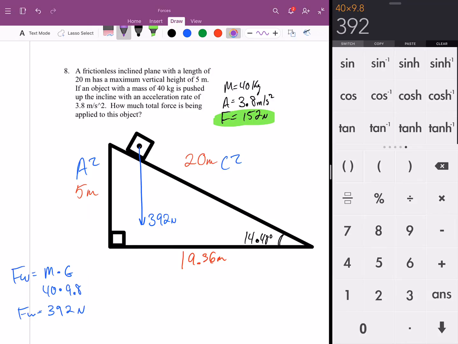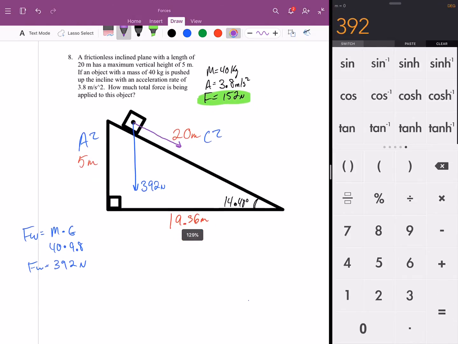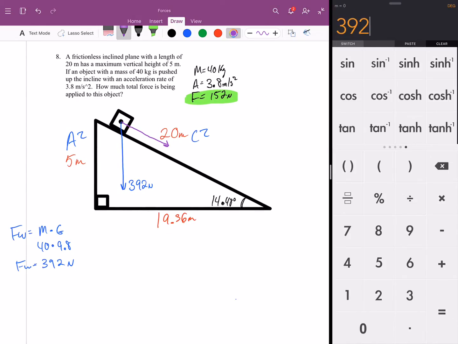Now we can look at the force applied due to the incline, and that's based off of weight and sine. So here's your weight times the sine of 14.48 degrees.